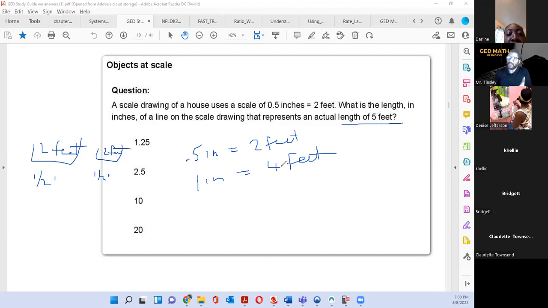Well, if 1 inch is 4 feet, what's 2 inches? If 1 inch is 4 feet, 2 inches is what? 8. Right. So now look at the multiple choice. If 2 inches is 8 feet, can my answer be 20?